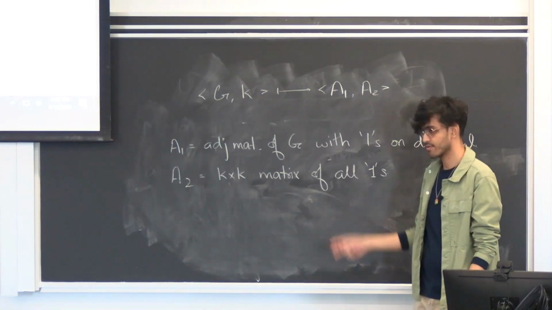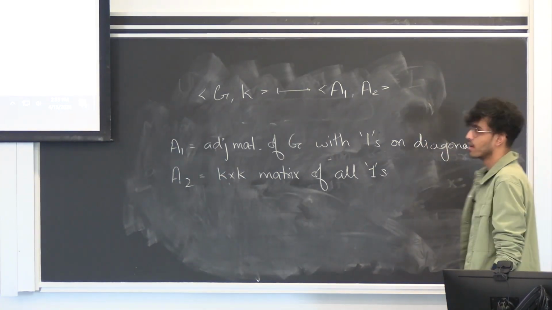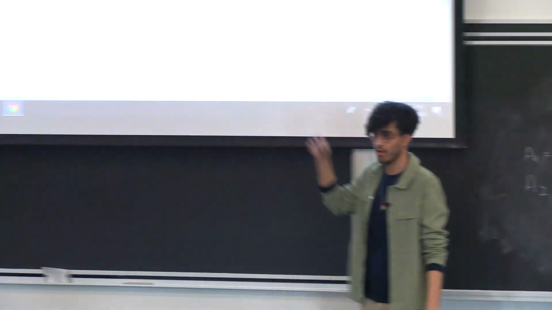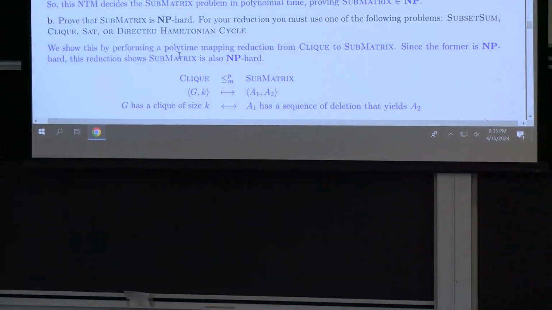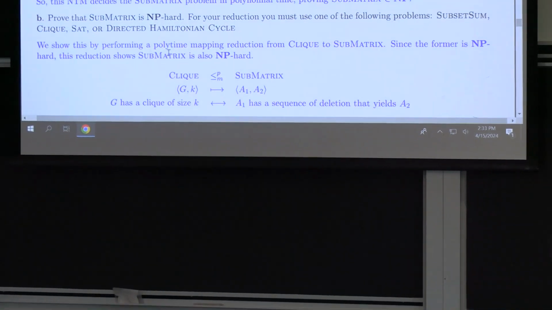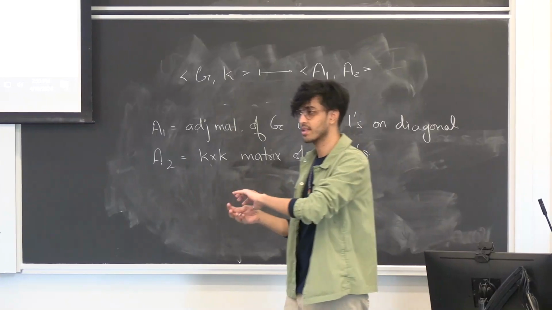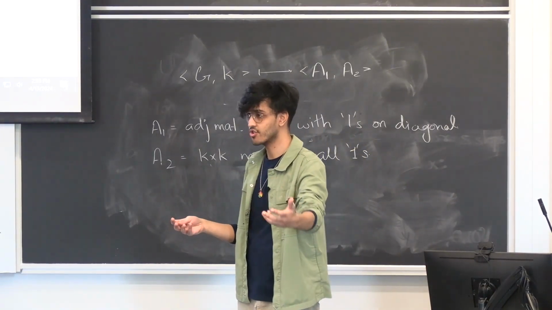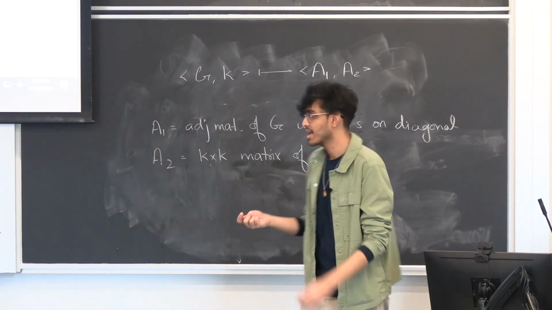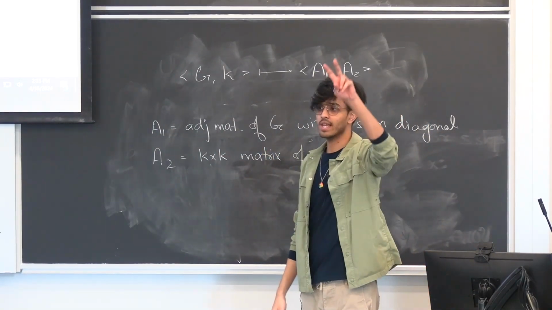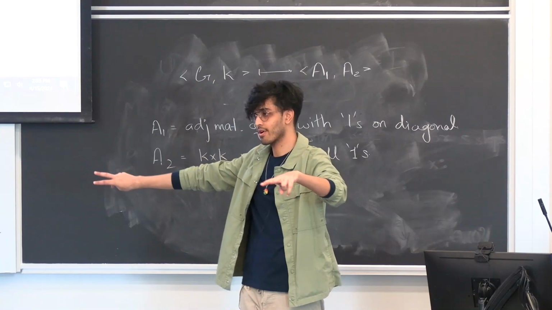The problem with the backwards direction is as follows. If there is some sequence of removals of rows and columns in A1 that yields this A2, I need to be able to claim that, hey, take the corresponding set of nodes and that will be a clique in G. The problem is, in A1, there's nothing preventing me from deleting column 1 and 2 and then row 3 and 4.